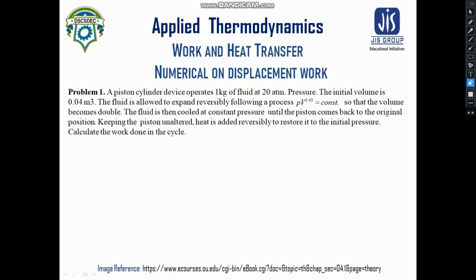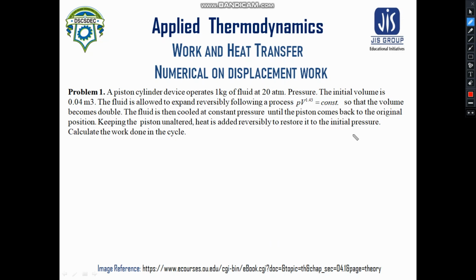And then what we did, we calculated the work. We discussed PdV work or displacement work. We understood what we mean by displacement work, and why this word displacement is very important. It refers to the displacement of the boundary of the closed system which we are referring to.